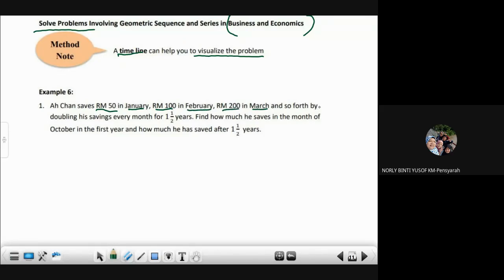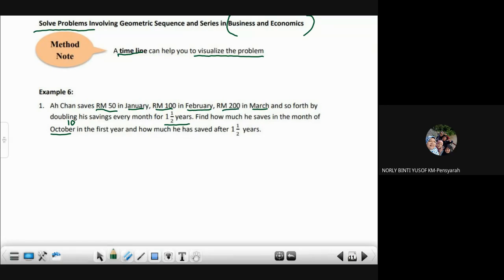So forth by doubling his saving every month for 1.5 year. Find how much he saved in the month of October. October is bulan 10 lah kan. T10 lah kat situ kan. So this is bulan 10 terus boleh. In the first year and how much he has saved after 1.5 year.